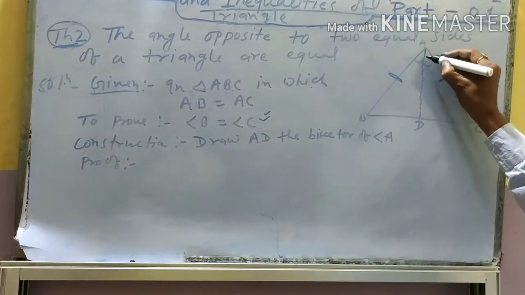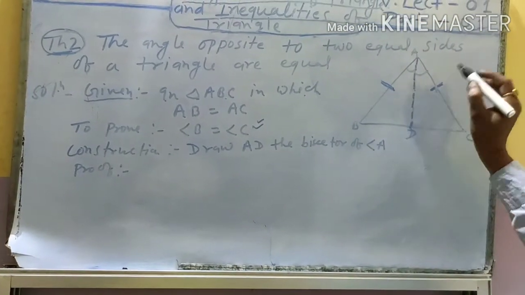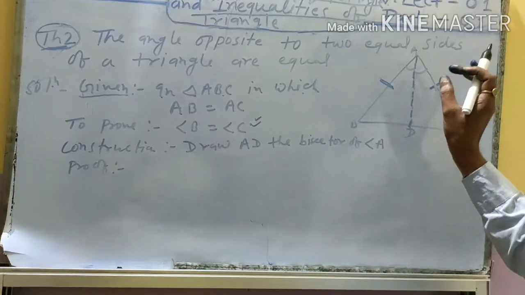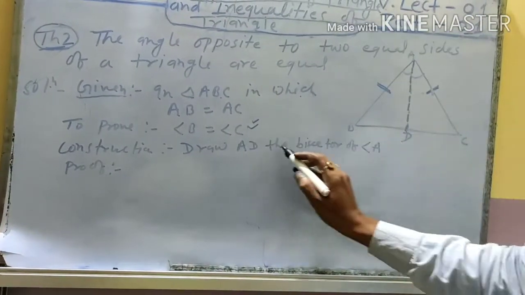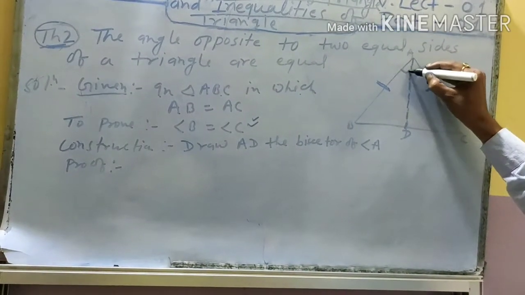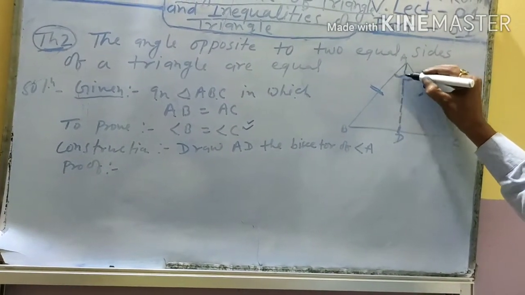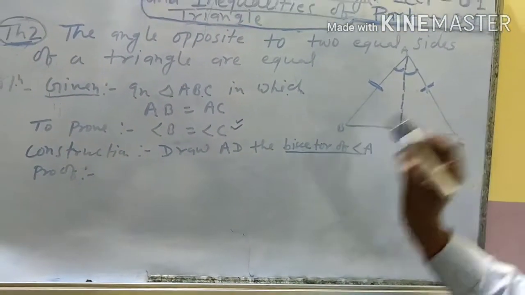Construction is always made as a dotted line. Keep in your mind, student, in any figure, draw the construction in a dotted line. Draw AD, the bisector of angle A. That means angle A is divided into two parts, and both parts are equal. That is the bisector of angle A.